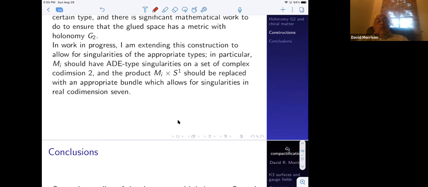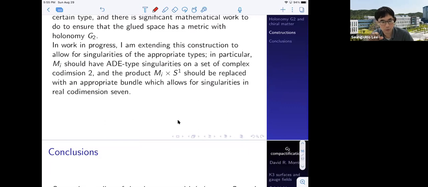And so if you're going to glue things together in a way that creates singular points, then you don't have the same tools available because you're now dealing with a space that's not a manifold. So you can't invoke the standard methods of analysis to do your work for you. You have to modify it somehow.